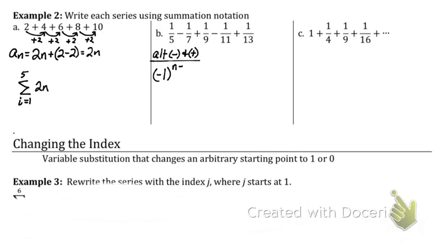Real quick, would n plus 3 work? Well, let's think, my first term should be positive, right? So if I plug a 1 in for this, what's 1 plus 3? I think it's 4. What's negative 1 to the 4th power?